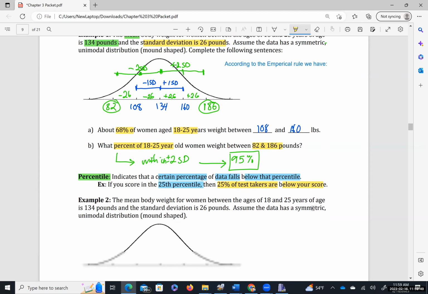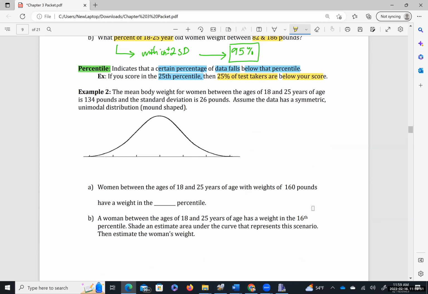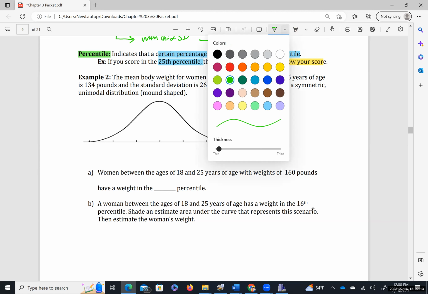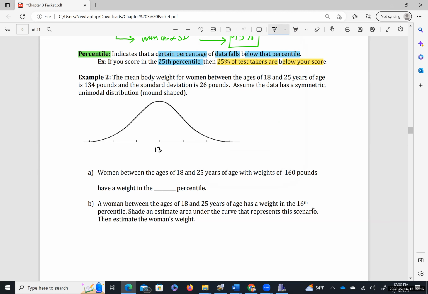So let's move to example number 2. The mean body weight for women between 18 and 25 years old again. And still, we use the mean as 134 pounds, right? And the standard deviation is 26 pounds.